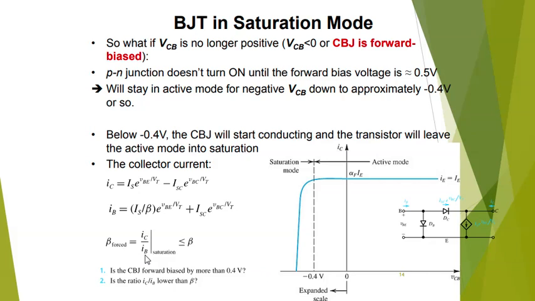The other equation, that IE is always IB plus IC, is always intact, but the beta is not the same beta. We will have a new beta. So how do we deal with this situation? We will assume that VCE is 0.2. That's all. So let me show you the other circuit again.